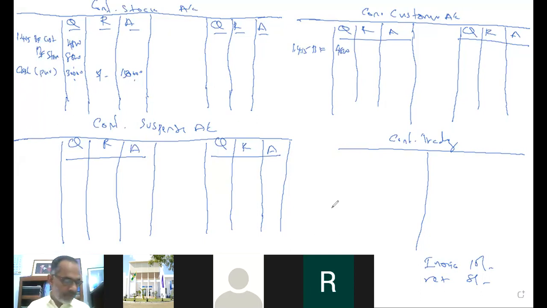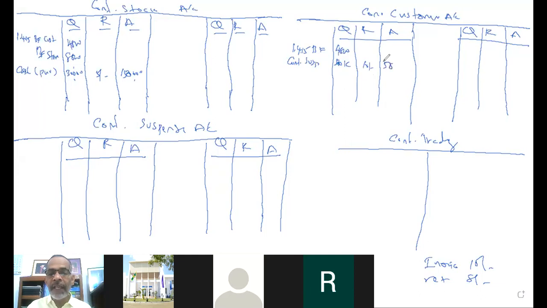Next one, drums sent out in 2015-16, 500. When you send the item, we have to record in the customer's account. Number one is container suspense account, 500. Please write down 500,000. When you send the item, we are charging 10 rupees.